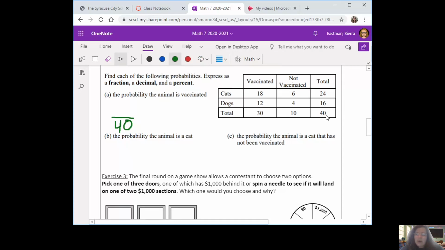And then we want the probability that the animal is vaccinated. So we're looking in that vaccinated column. There are 30 vaccinated animals. That is how many outcomes are in the event, which is our numerator of this probability. Okay. When I'm changing this to a decimal, it would be about 0.75. And if I was changing it to a percent, it would be 75%.